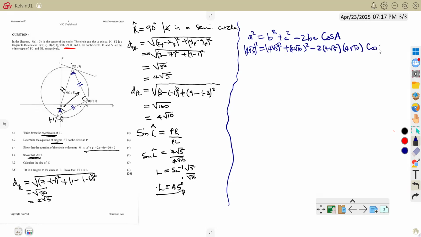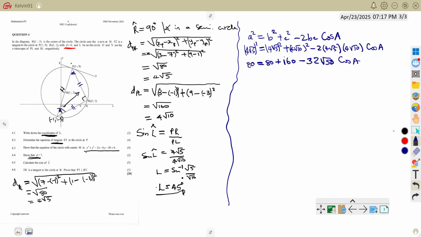cos a. Simplifying here, we are going to get 80 equal to 80 plus 160 minus, when you simplify this, 2 times 4 is 8 times 4, 32. So it's gonna be 32 root 50 cos a.